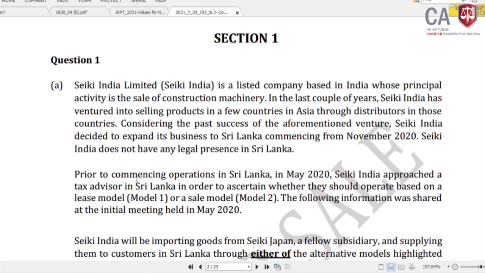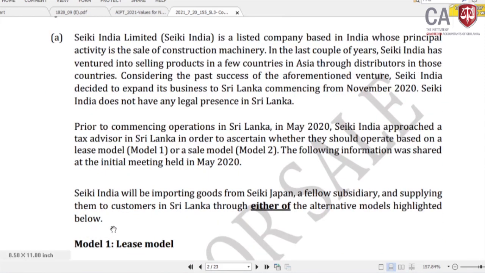The following information was shared at the initial meeting held in May 2020. Seiki India will be importing goods from Seiki Japan, a fellow subsidiary, and supplying them to customers in Sri Lanka through either of the alternative models highlighted below.